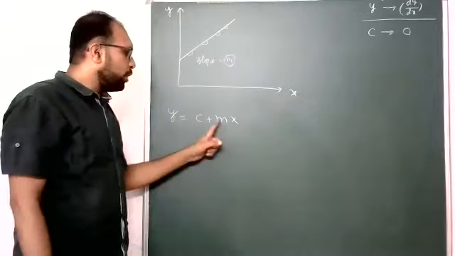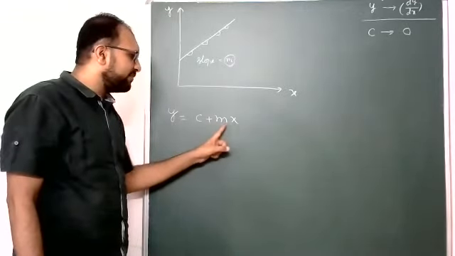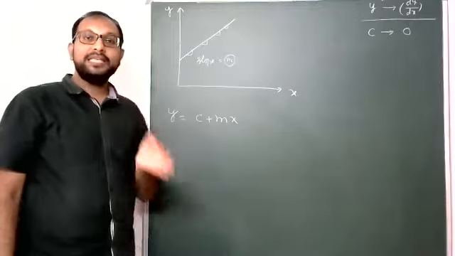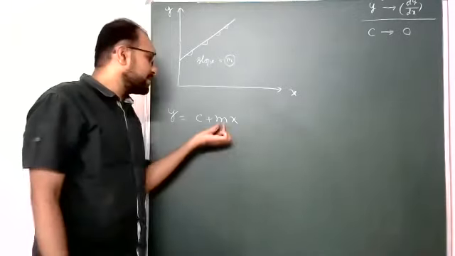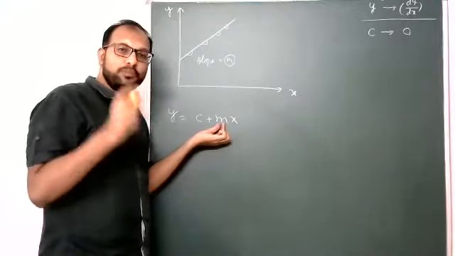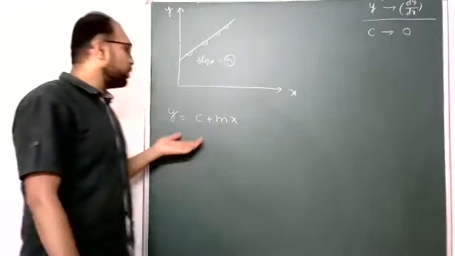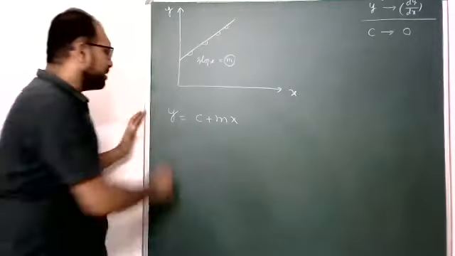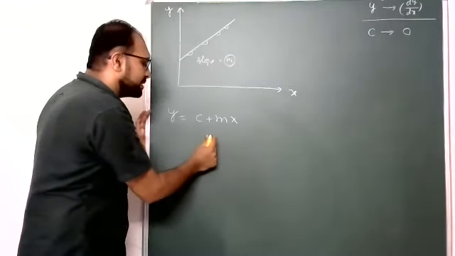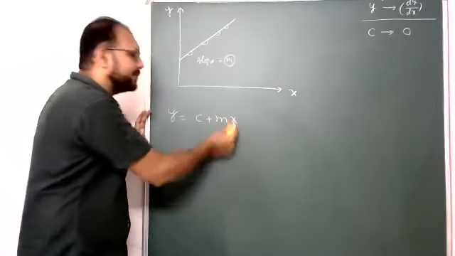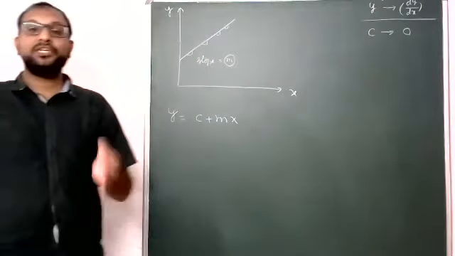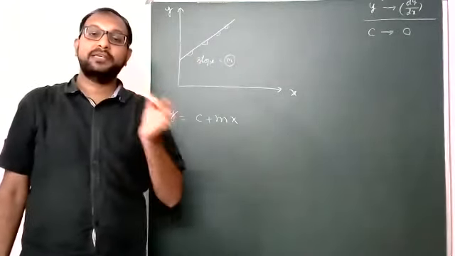That means the coefficient of x in a straight line is the slope, which is nothing but our derivative. This is only one example, y equal to some constant into x. This is just the first power of x involved.